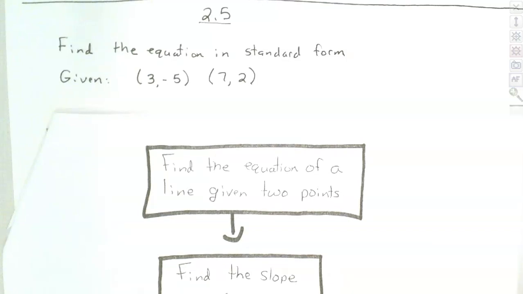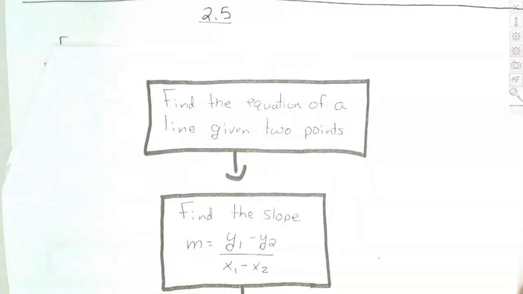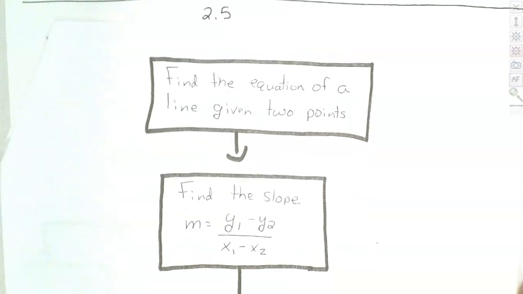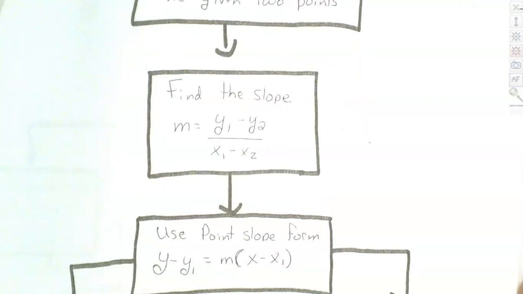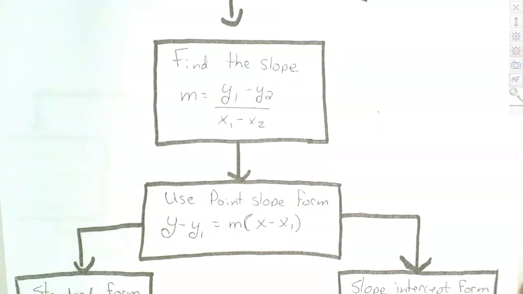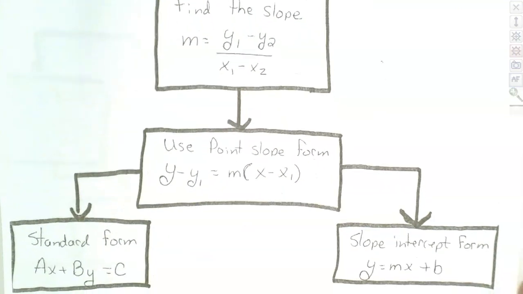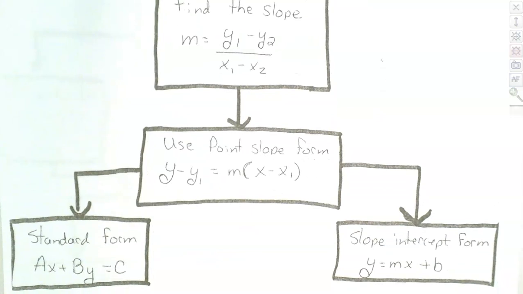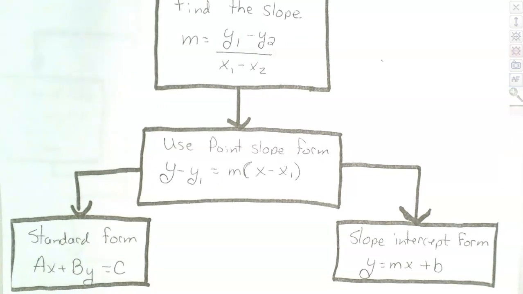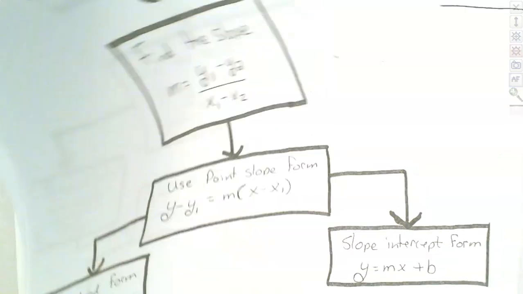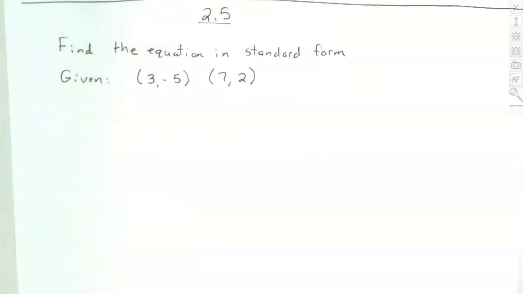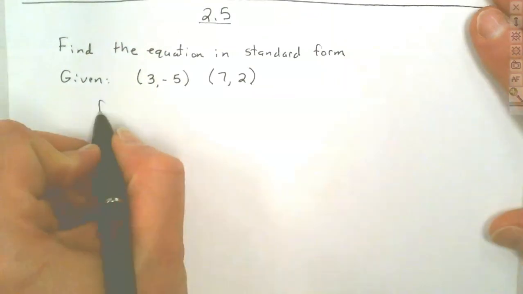So what we're going to do first is we're going to take those 2 points and we're going to find the slope, because we need to eventually use our point slope formula. And that has a point and a slope in it, so we need to get our slope first. And then either get it in standard or slope intercept form. So let's go ahead first and find the slope.